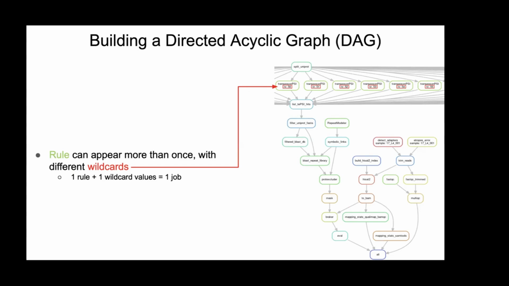To give you an example, imagine that you have a wildcard for sample, and you want to run fastqc on each of the fastq files that you have, and the input has the wildcard sample. That will mean that if you run it properly, you will have as many jobs for the fastqc rule as values the sample wildcard will have, if that makes sense.